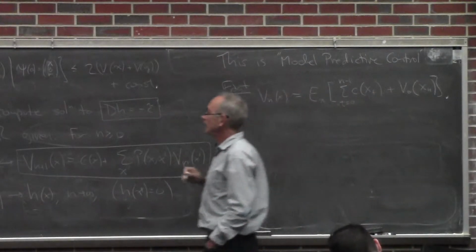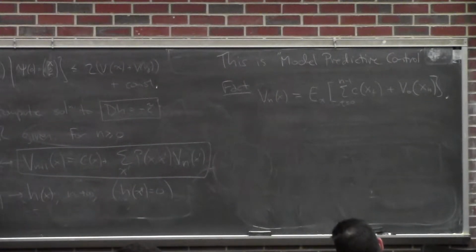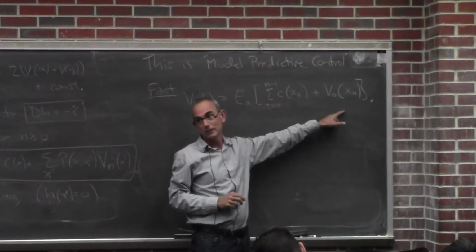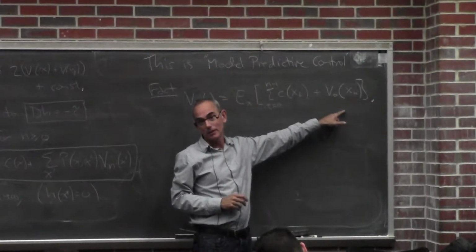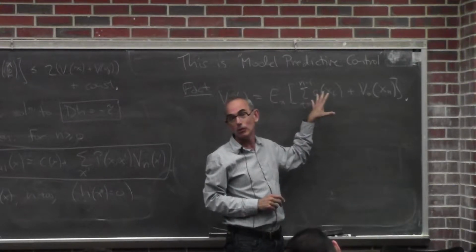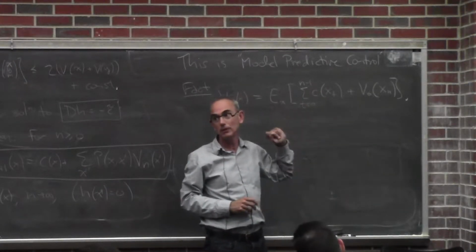So this initialization of value iteration is actually the terminal cost, in the typical setup for what's called model predictive control, which we'll come back to later.